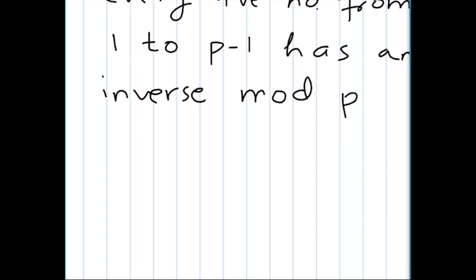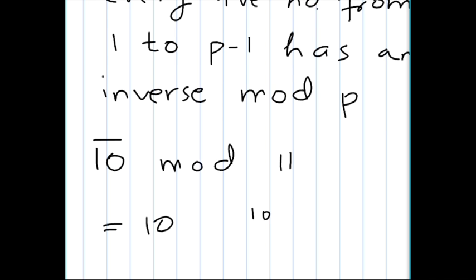So for example, 10 inverse modulo 11 is equal to 10 again. Why? Because 10 times 10 is 100, which is equal to 1 mod 11.